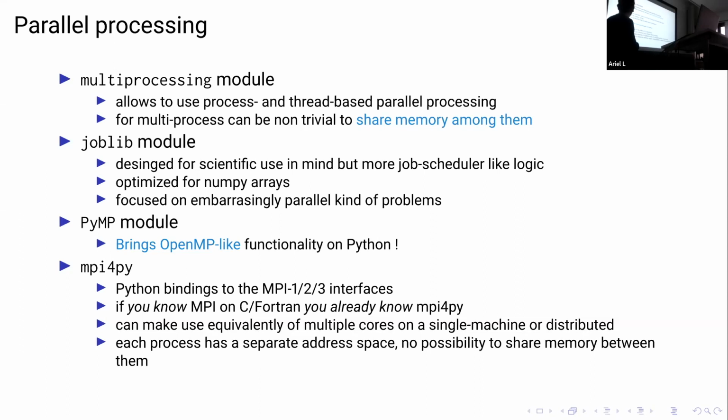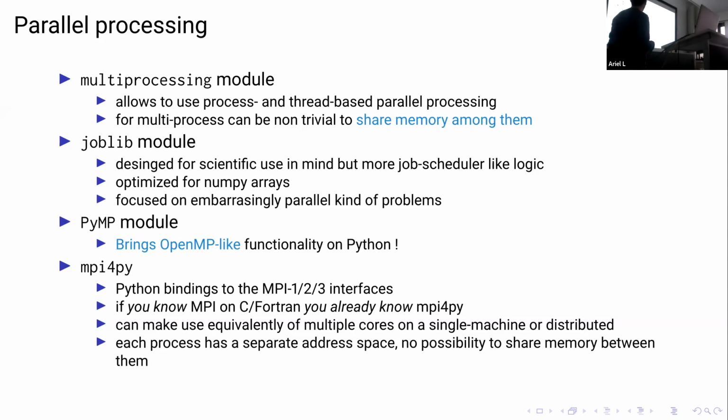So the two main, traditional approaches in HPC to exploit the fact of having multiple cores are OpenMP and MPI. That's talking about CPUs.